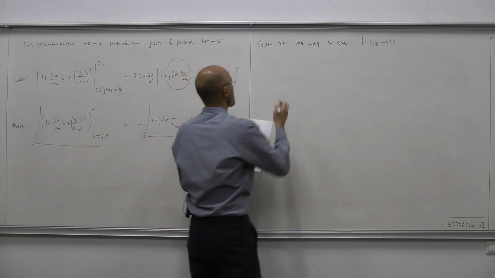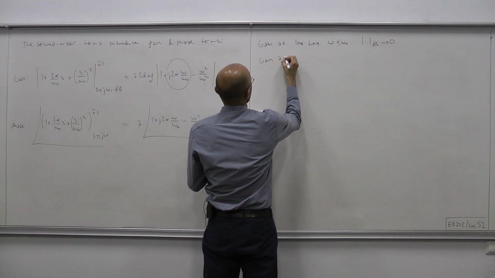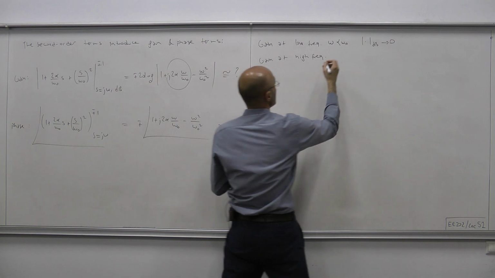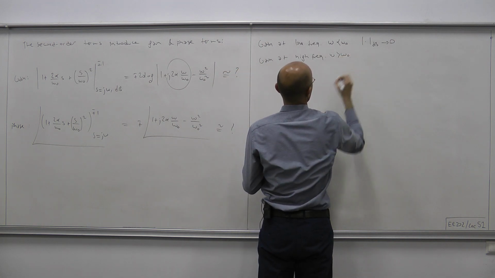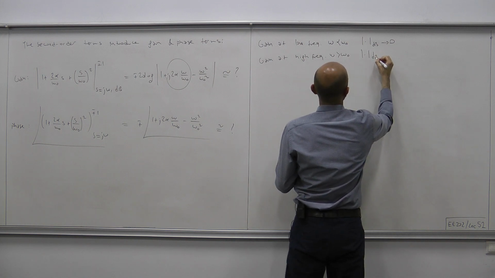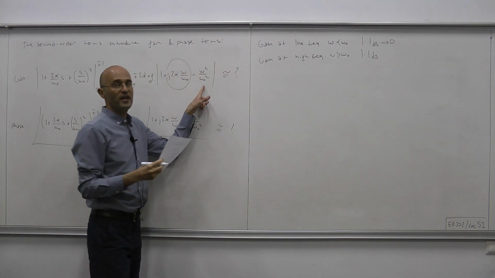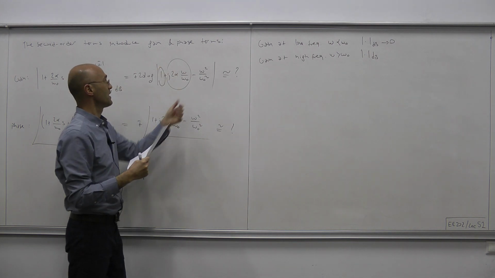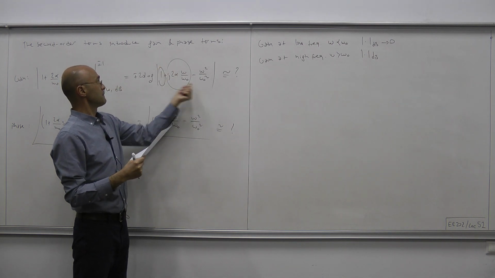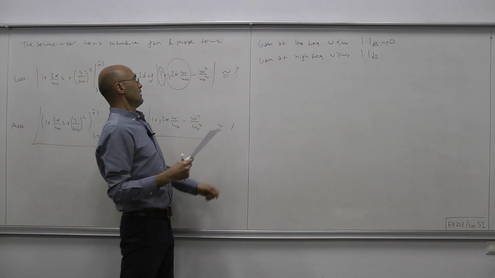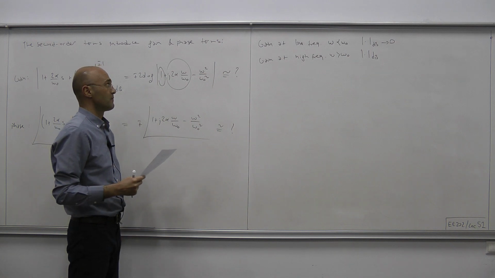And for frequencies larger than omega 0, this time this is the dominating term, so we ignore this and that. What we have is 20 log omega squared over omega 0 squared.